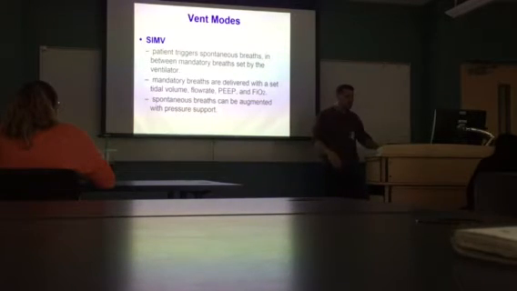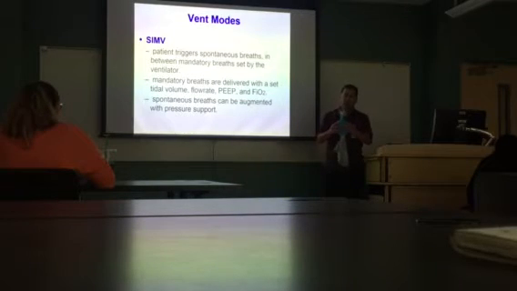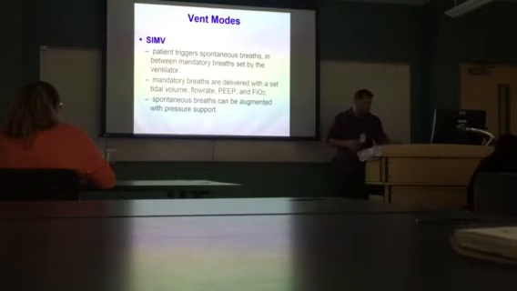Okay, so pressure support is the difference between IPAP and EPAP. So if I want a pressure support of 5, then that's just a little bit of assistance. Or pressure support of 10, a lot more assistance.